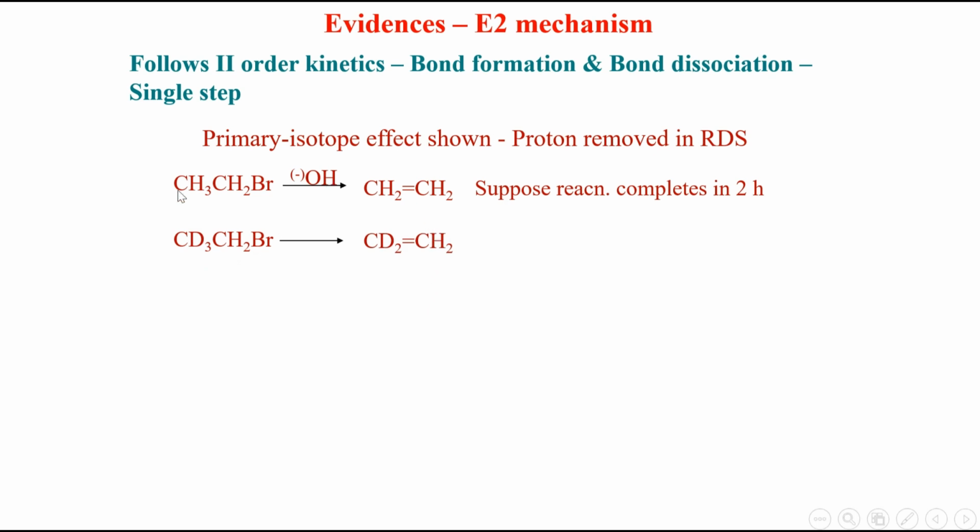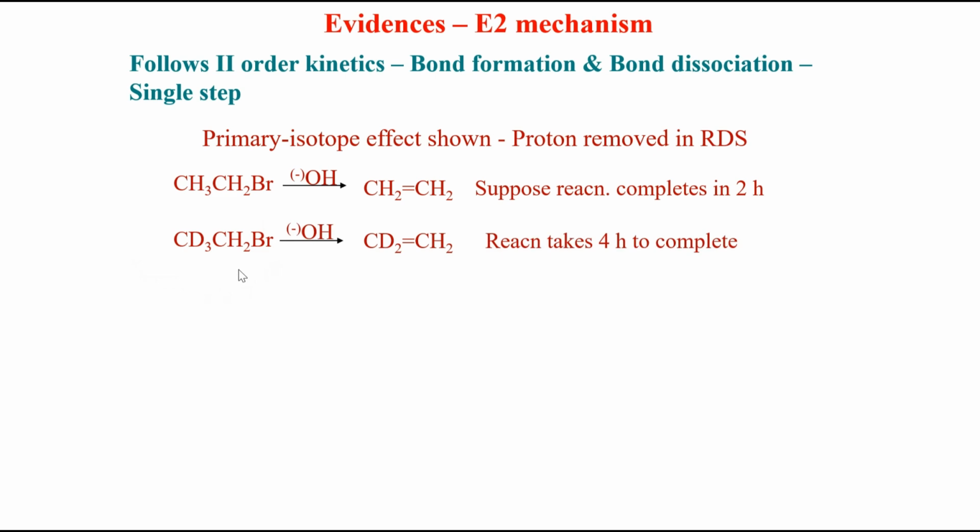Suppose the ethyl bromide takes 2 hours to complete the reaction, the deuterated ethyl bromide takes 4 hours.